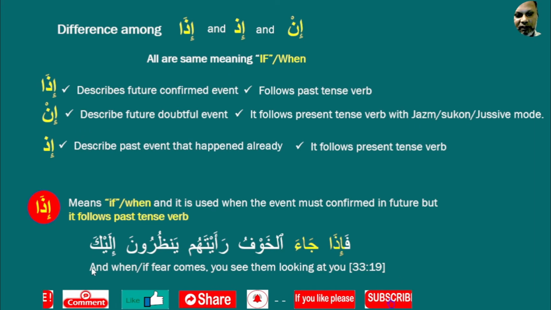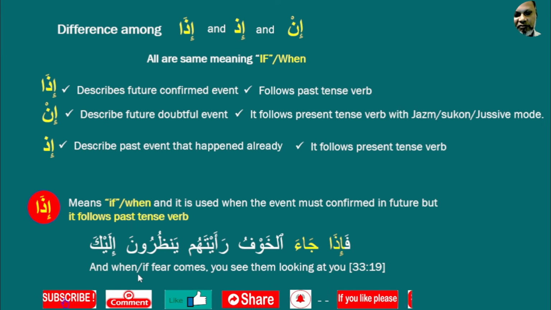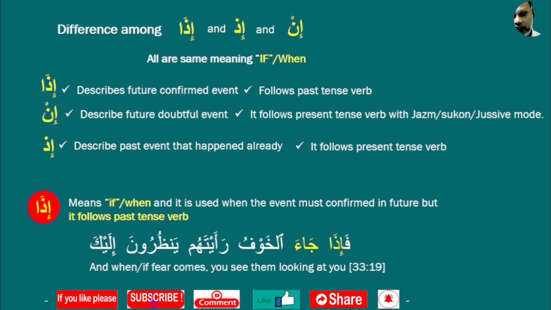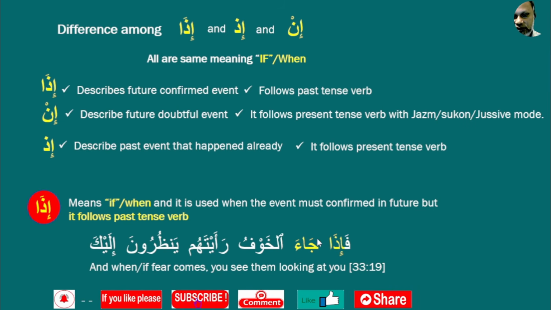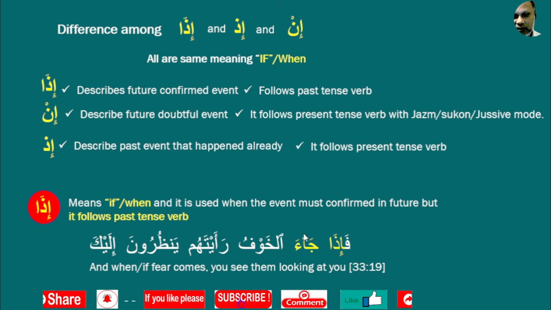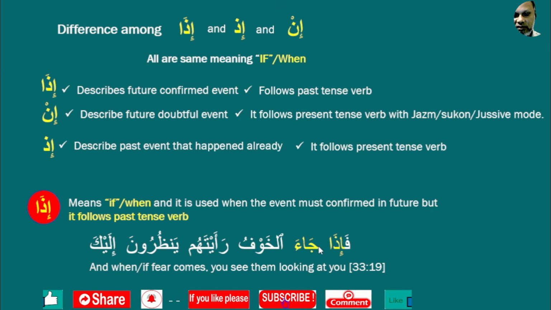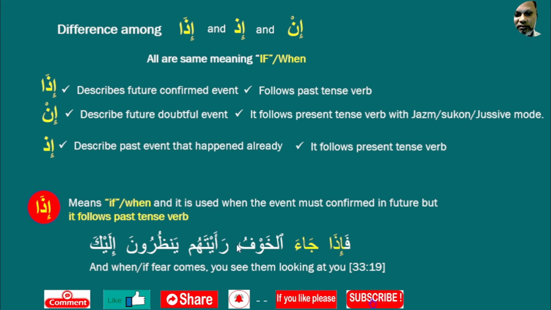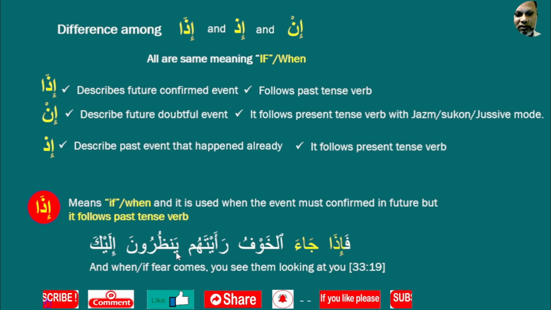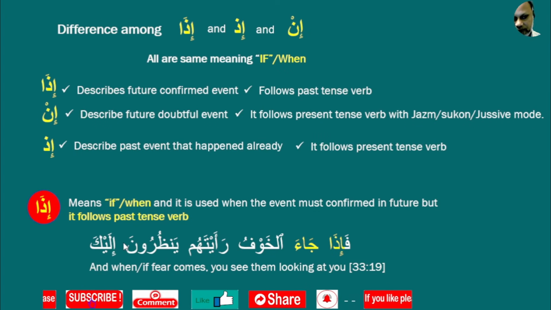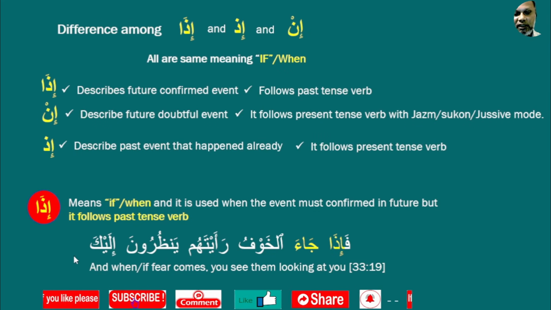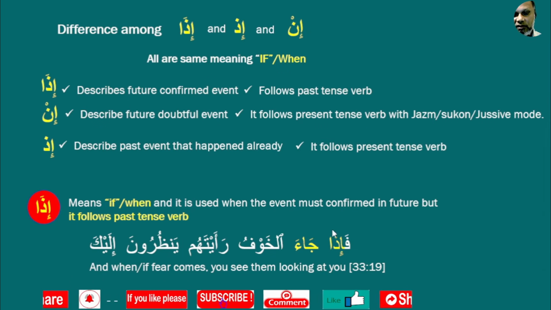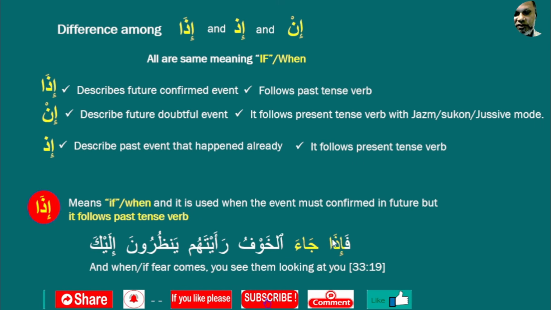So here the event is in the future. When fear comes, and fear has not come yet. But here ja'a, the verb, is a past tense verb. So here iza is used for this type of confirmed future event, but a past tense verb must be used after iza.